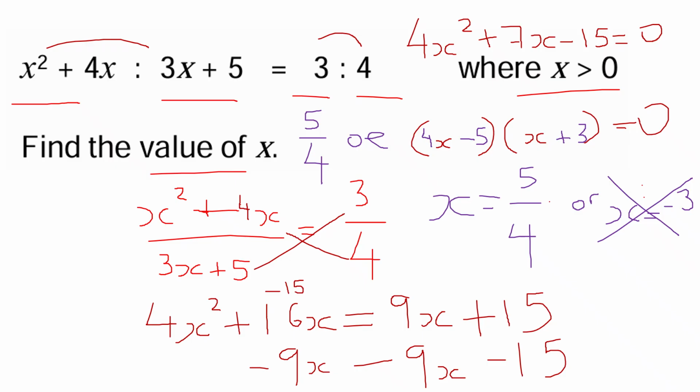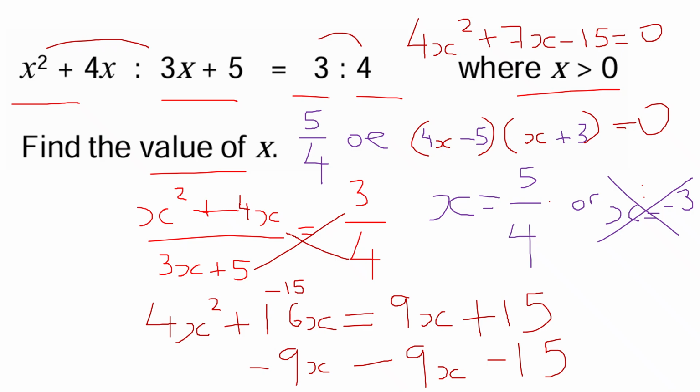Hopefully that makes sense. That is one of the hardest ratio problems that I've seen on a typical GCSE paper, because there's certain rules that you might not have been taught yet in school.